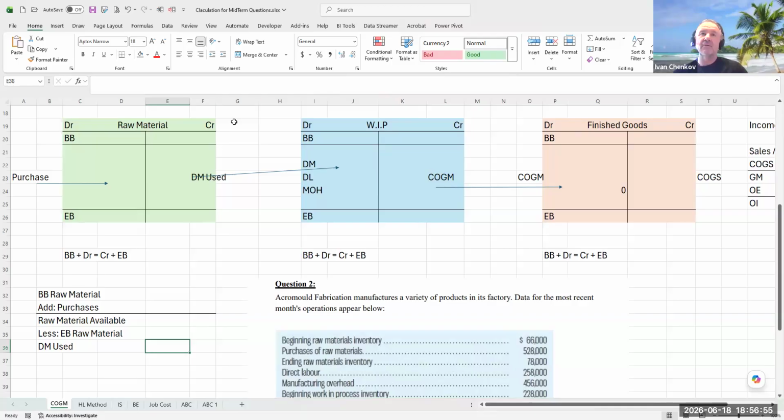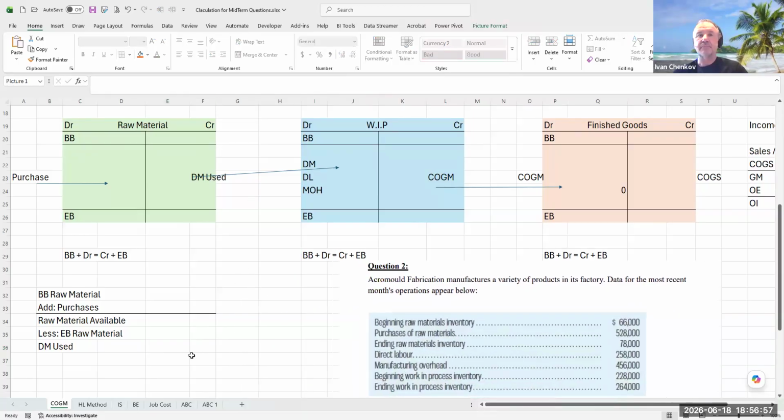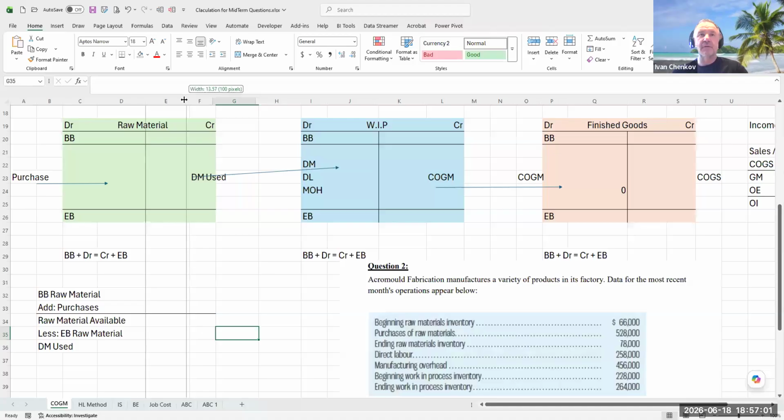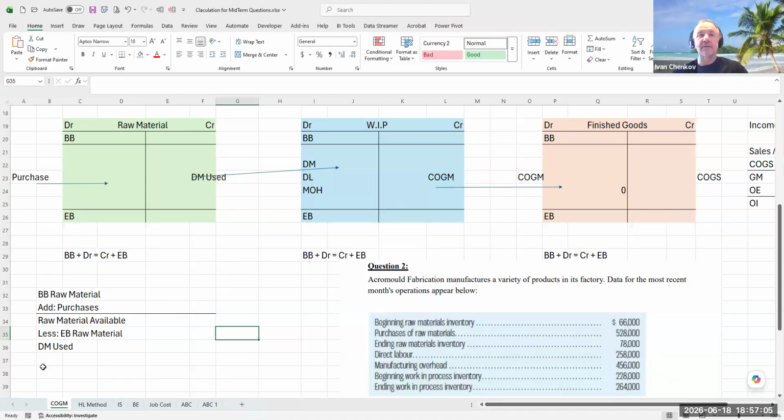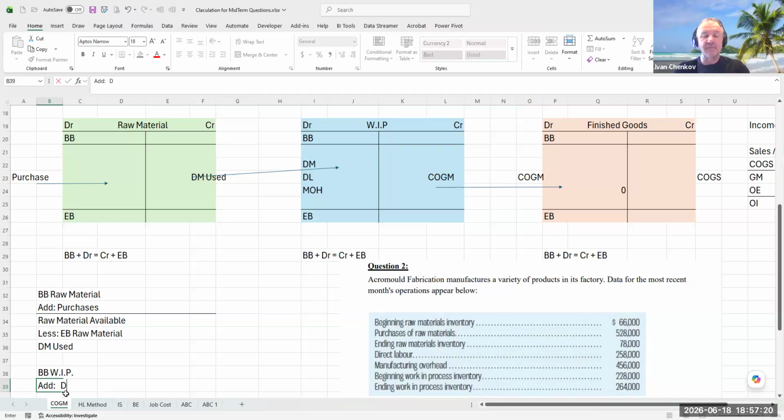In order to find the other two, let's go with the calculation here, and let's start with the work in process. Let's start with the beginning balance in the work in process. We're going to get the beginning balance, then we're going to add, we already have the direct material.